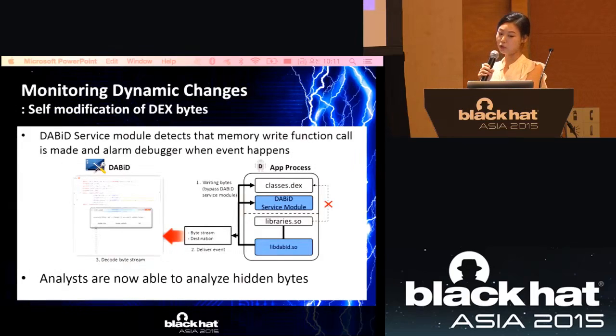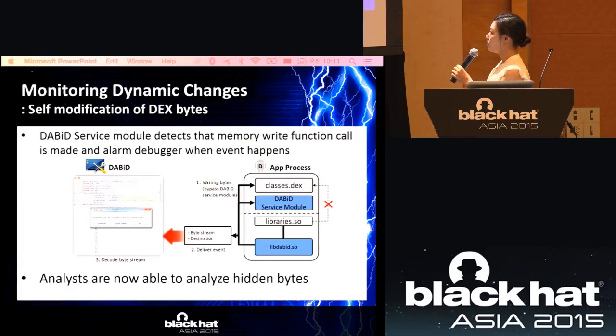So let me explain in more detail our main goal, monitoring dynamic changes. The first one is self-modification of DEX bytes. The DABiD service module, which resides in the application process, detects when a memory write function call is made and alerts the debugger when the event happens. When the write function is called, the service module prepares the information that the debugger might want, such as the byte stream and destination address of the write function.